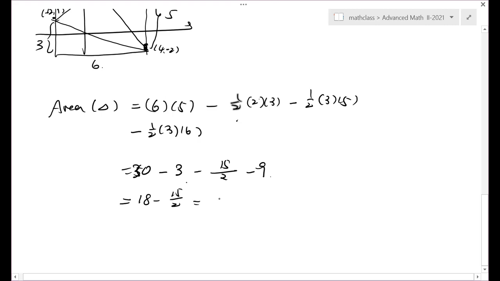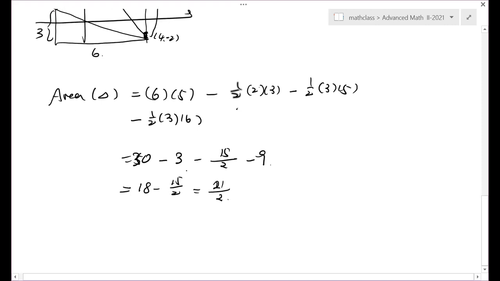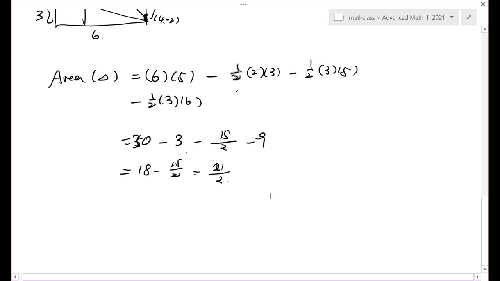And then that'll be 21 over 2. Okay, 21 over 2, right, it's 10.5. Yes. Okay, so same idea. Okay, so let's move on to the next type of problems.